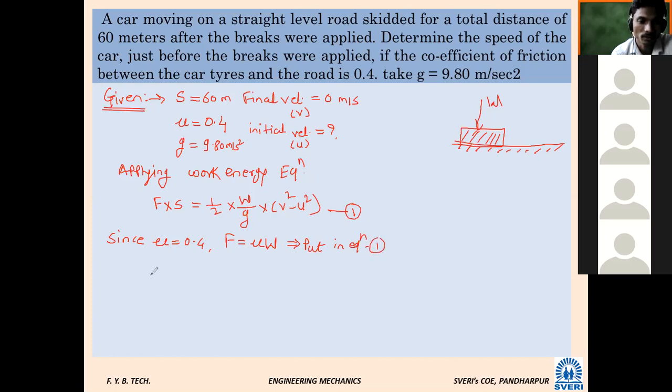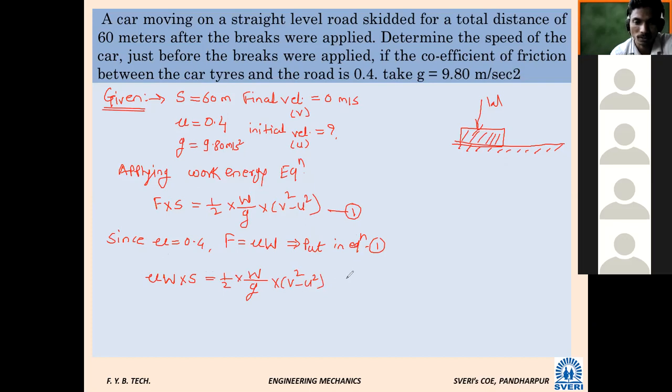Writing this, mu W into S, which is 60 meters, is equal to 1/2 W divided by g into V square minus U square.